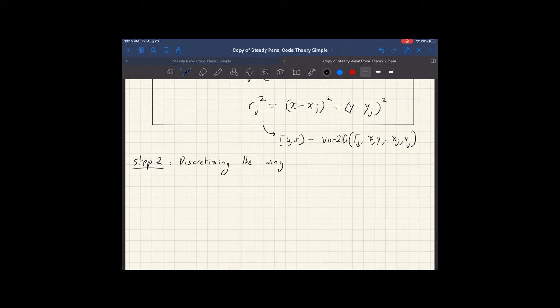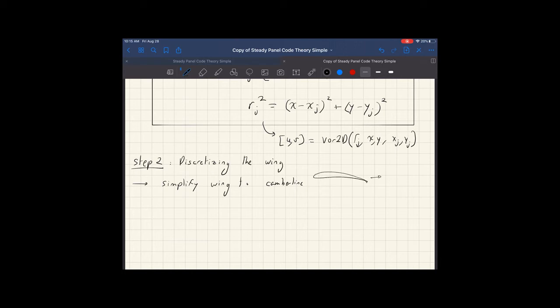So again, we've talked about the first step, which is you simplify the wing to a camber line. So let's say you have a wing that is sort of looking like that.